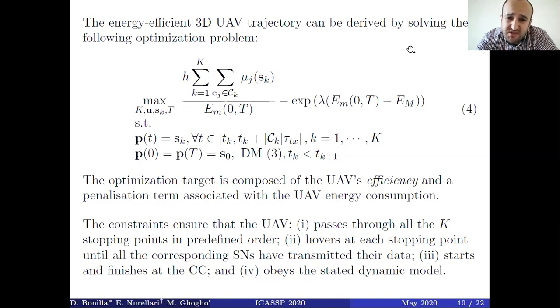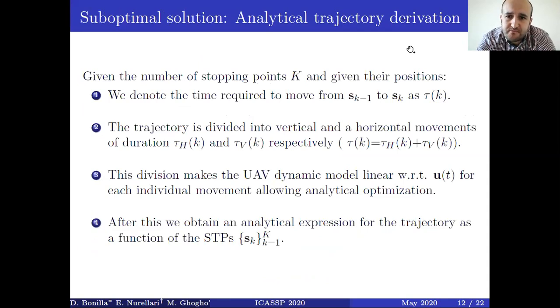Now, the constraints ensure that the UAV passes through all the key stopping points in the predefined order, as we previously said, hovers at each stopping point until all corresponding sensor nodes have transmitted their data, and of course obeys the dynamic model. Looking at that optimization problem, it is very difficult to find an analytical solution.